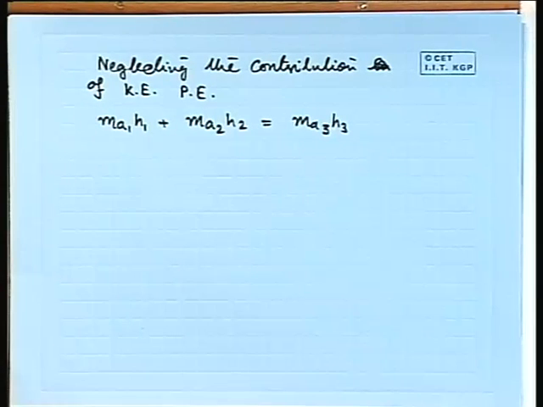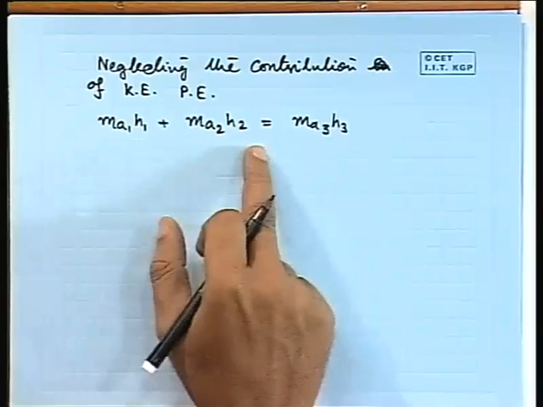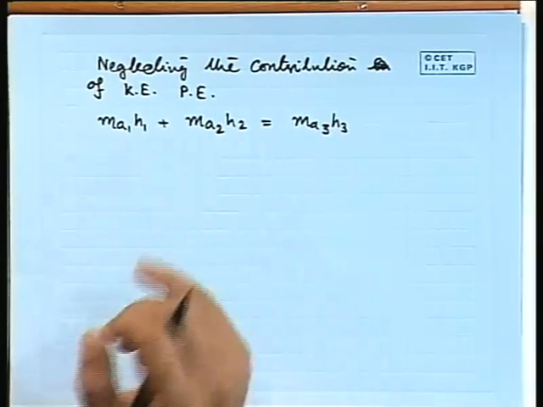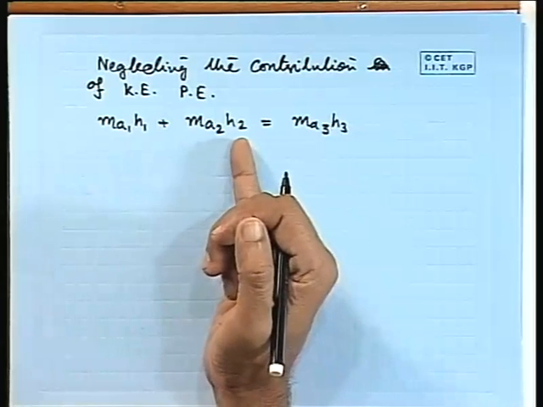So, enthalpies are written here, and what we can do is express it in terms of the enthalpy of air and water vapor.